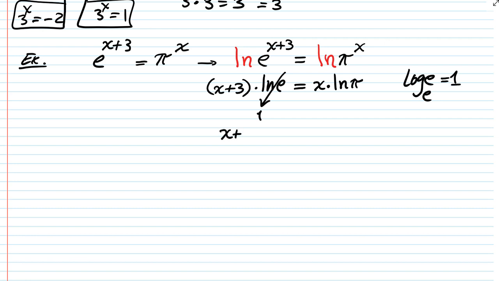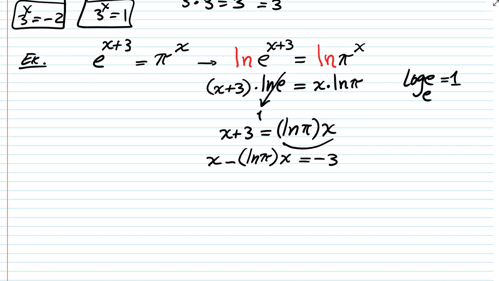So to the left, I have x plus 3. No need for parentheses now. And to the right, I have a constant, ln of pi, times x. So what do I do? I can bring ln of pi times x to the left, and it becomes negative ln of pi times x. And move 3 to the right side, and the right side becomes negative 3. Then factor the x. Or at this point, you can multiply both sides by negative 1.